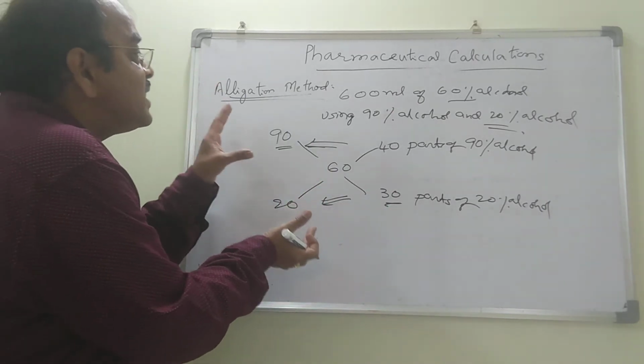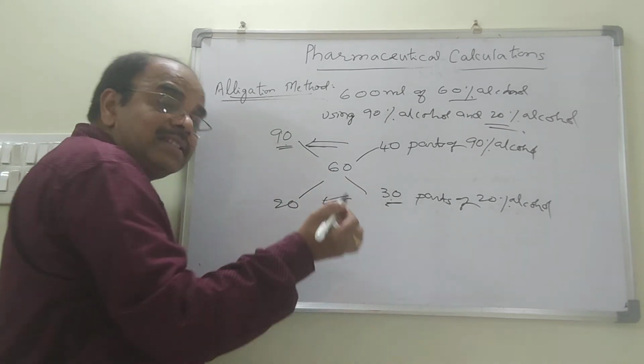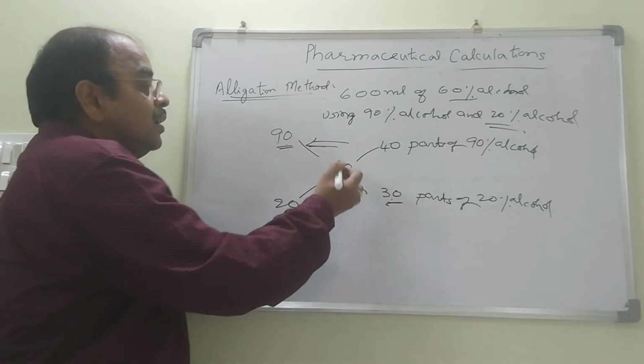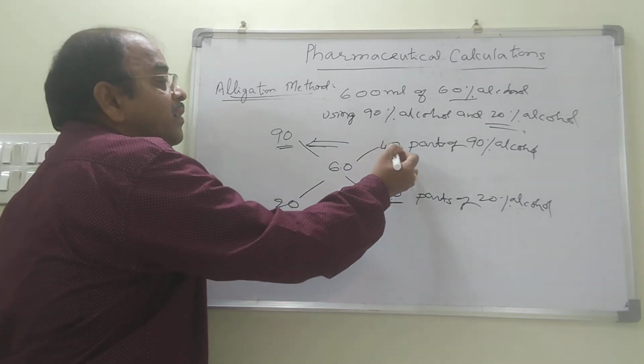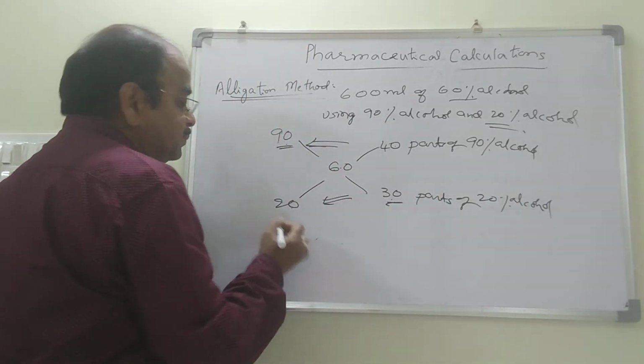So, using the alligation method, how do you prepare this? 90 minus 60, 30. We want 30 parts of 20% alcohol. 60 minus 20, 40. 40 parts of 90% alcohol. So, how do you prepare?